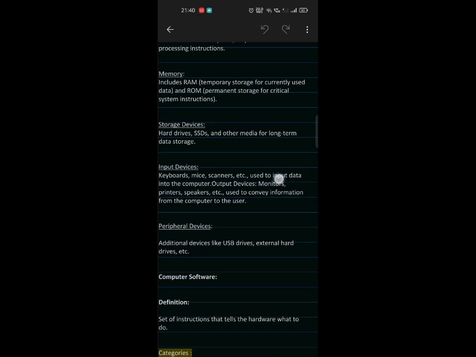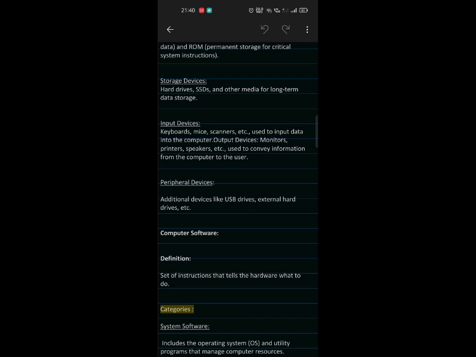Input devices are the devices that take data or instructions from the user. Keyboard, mic, scanner, etc. are used to enter data into the computer.